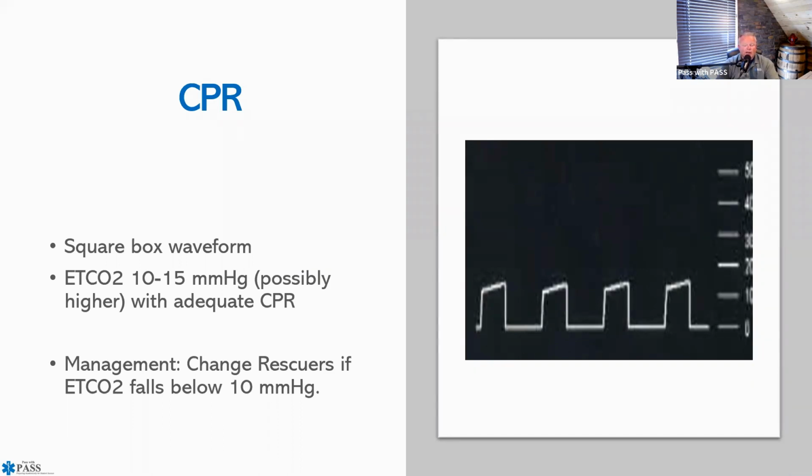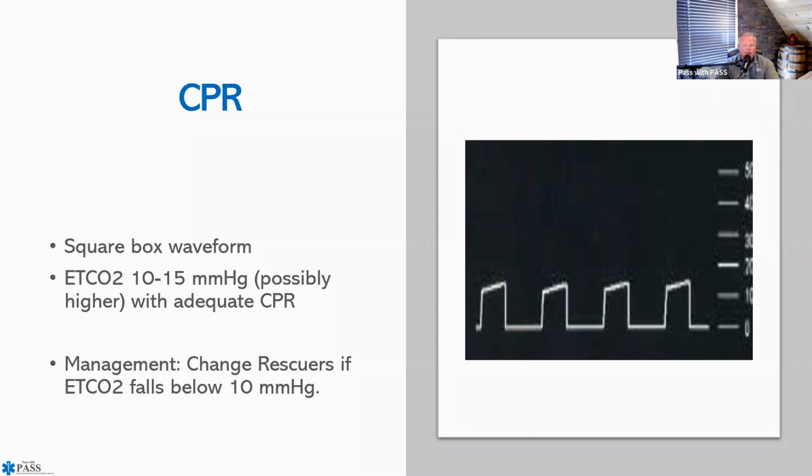If you have an end-tidal CO2 of 10 to 15 on initial resuscitative efforts after you put your endotracheal tube in, you need to make sure those numbers don't drop below 10. If the end-tidal CO2 starts to drop less than 10, we really need to change out who is doing the external compressions because we know that they are getting tired.